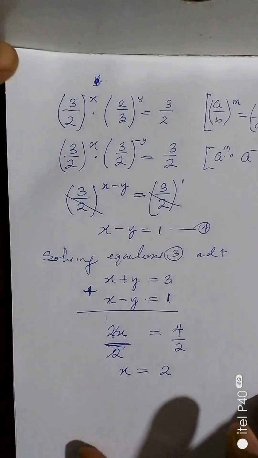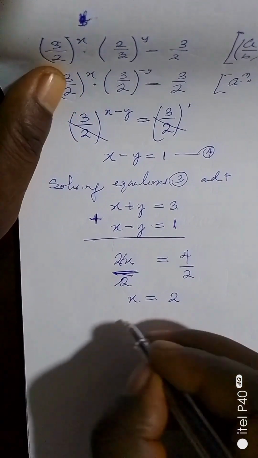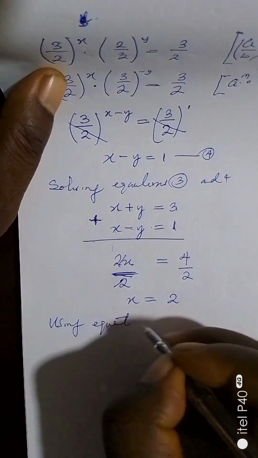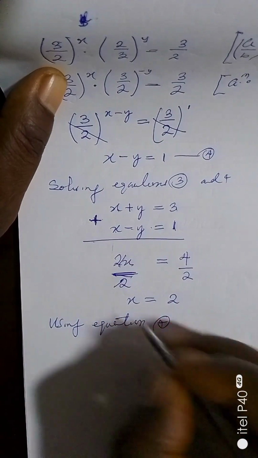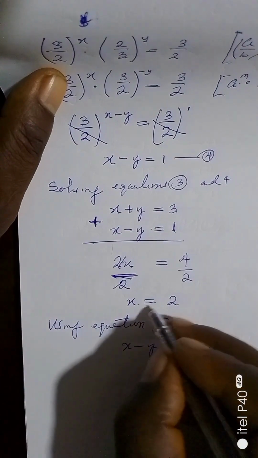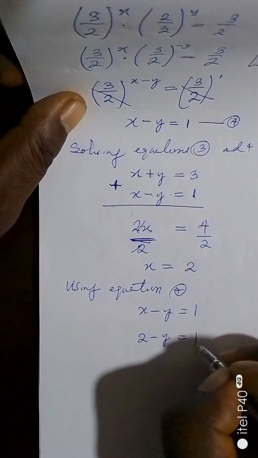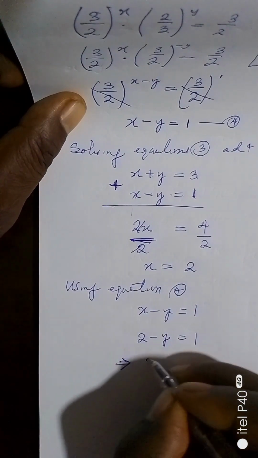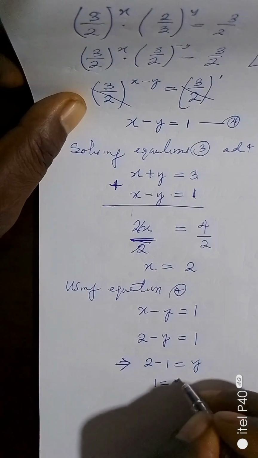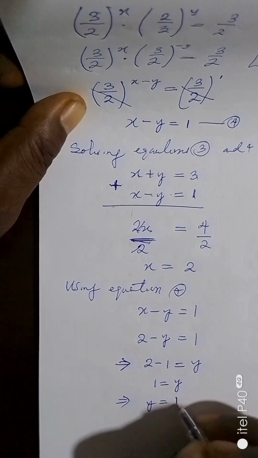Since x is 2, what will be the value of y? Using equation 4, x minus y equal to 1. The value of x is 2, so 2 minus y equal to 1. This implies that 2 minus 1 is equal to y, and therefore y equal to 1.